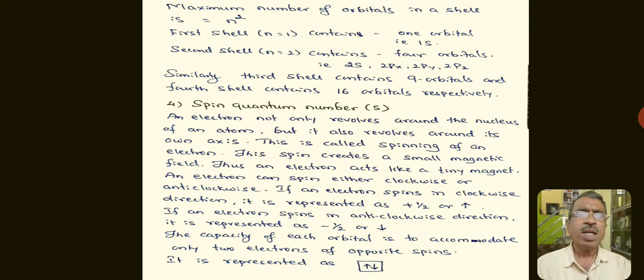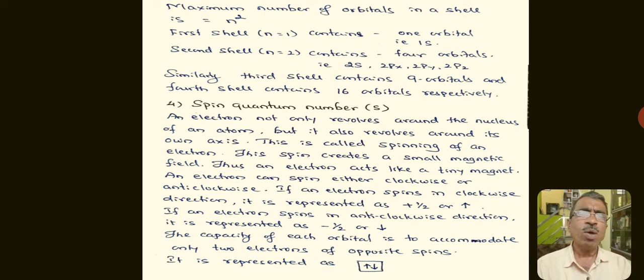An electron can spin either clockwise or anti-clockwise. If an electron spins in clockwise direction, it is represented as plus half or upward direction. If an electron spins in anti-clockwise direction, it is represented as minus half or downward direction.